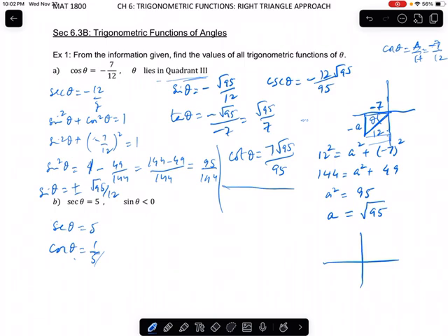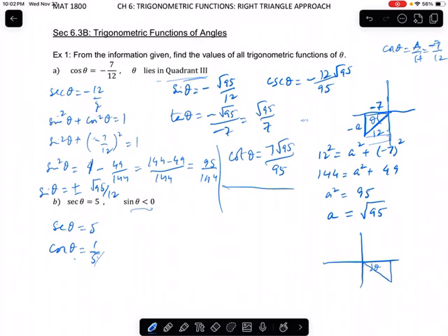Cosine is positive and sine is negative. When does that happen? It happens in the fourth quadrant. So you will draw a line like this in the fourth quadrant and then draw a vertical on the x-axis. This is your theta.